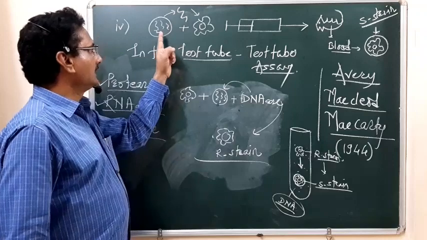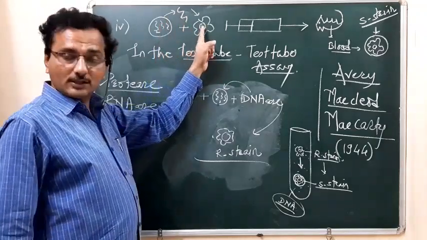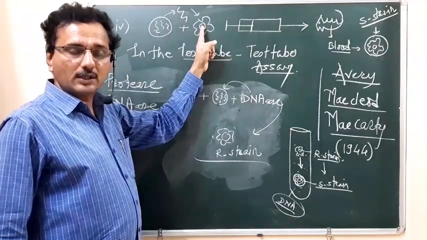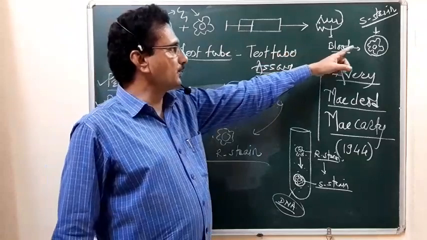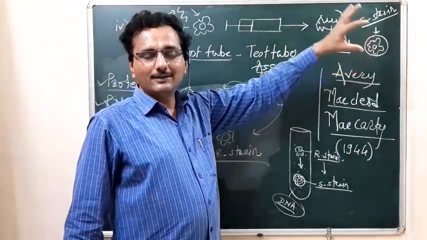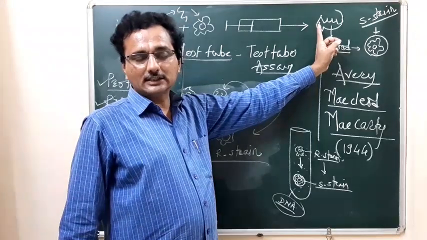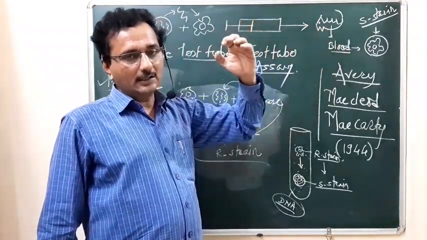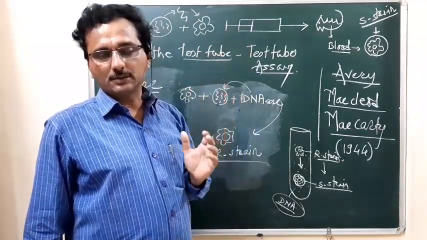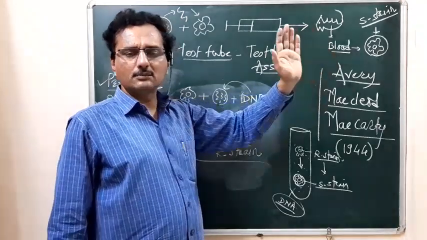In the sense, the DNA is transferred from heat killed smooth strain to the rough strain, and because of that the rough strain changes its property and is converted into smooth strain, and due to the presence of the smooth strain in the body of the injected mice, the mice start showing the symptoms of pneumonia disease, and at its severity the mice died.